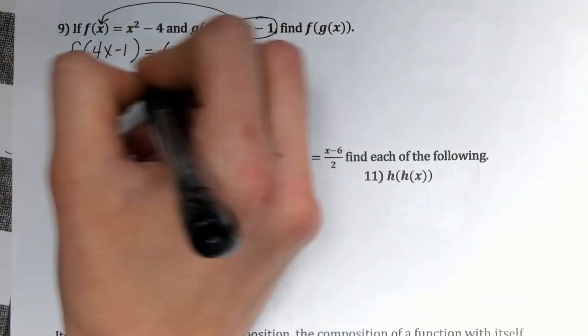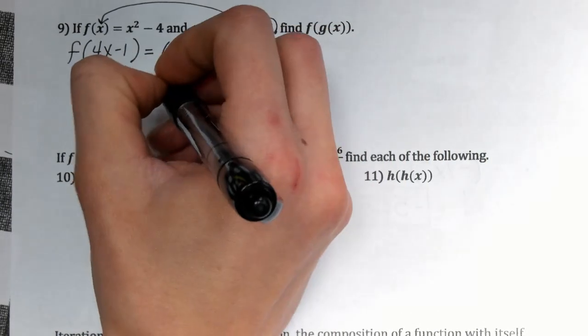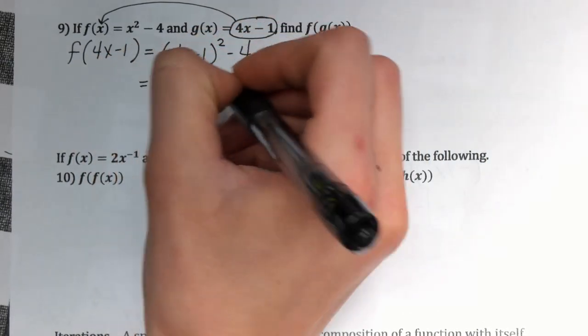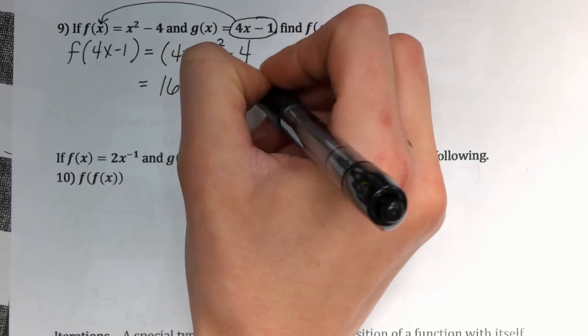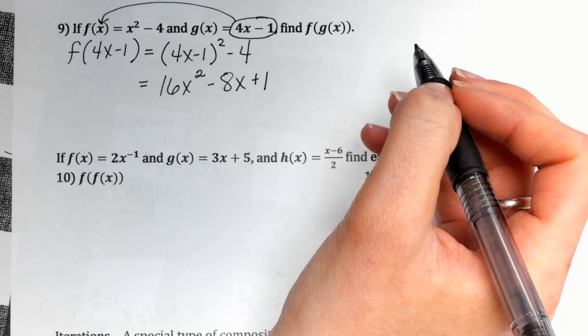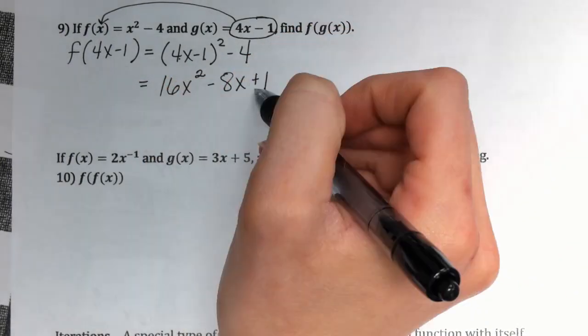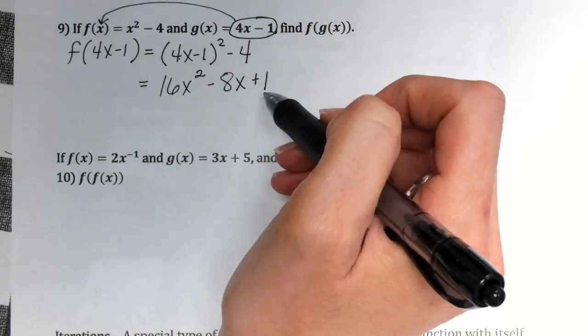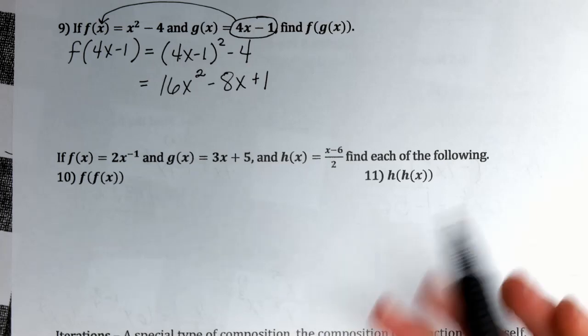Okay? So what is 4x minus 1 squared? 16x squared minus 8x plus 1. It is not 16x squared plus 1. I am not just squaring this and squaring this. If you cannot get to this in your head, if you don't know the formula, then you write 4x minus 1 twice and you FOIL that.